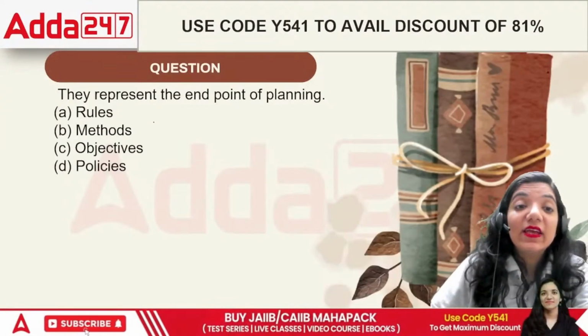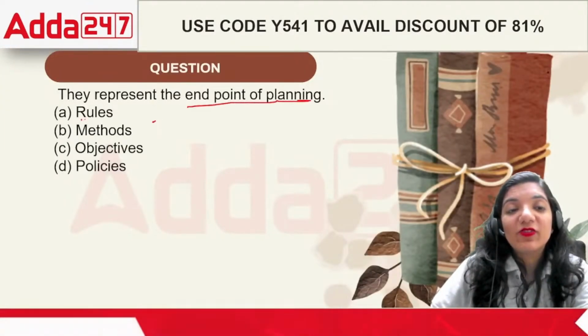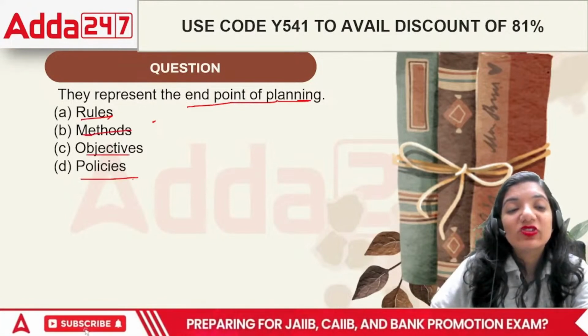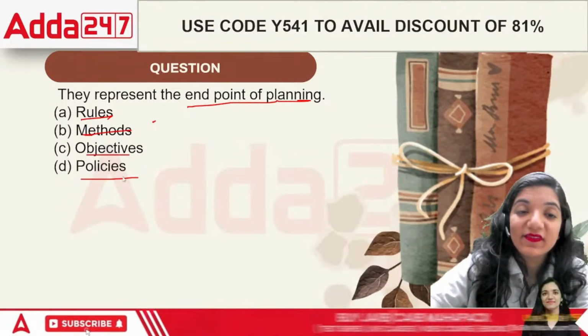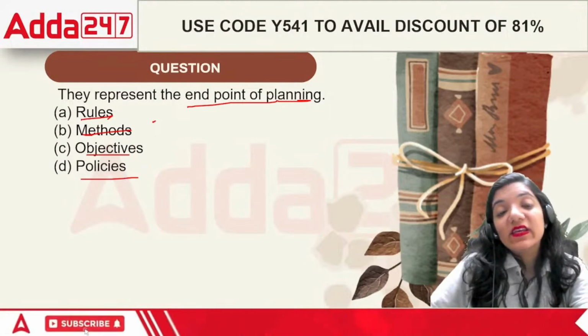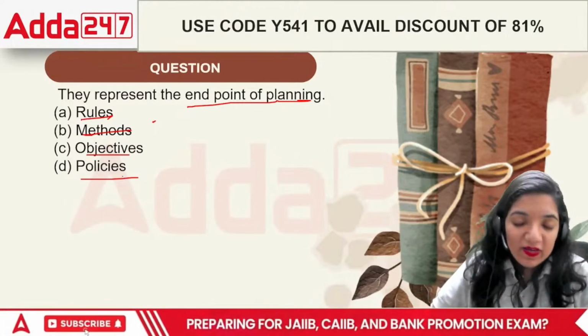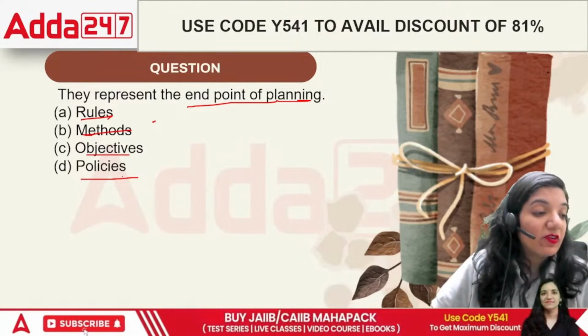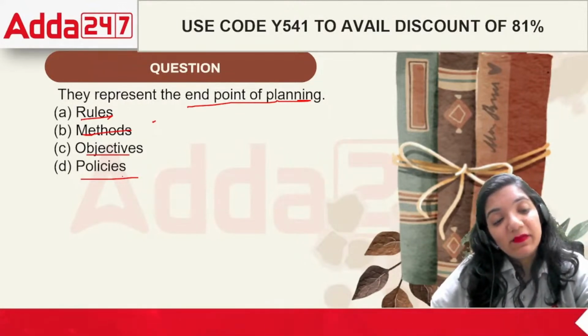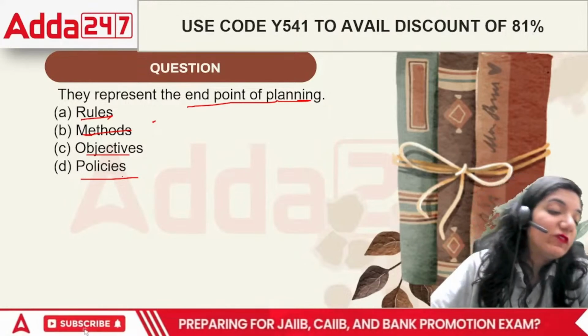Then they represent the end point of planning: rules, methods, objectives, or policies. See, end point means where we are and where we want to reach. So rules is just an intermediary there. Methods are basically ways of achieving those goals.